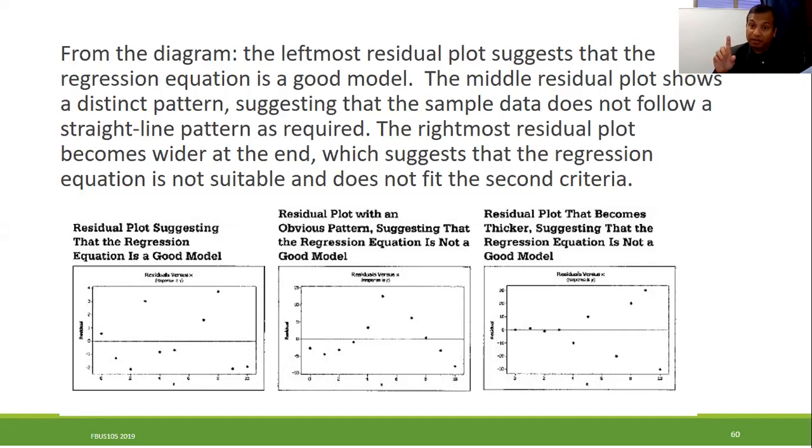In the third figure, the residual plot becomes thicker, suggesting that it is not a good model. Initially we saw that some of the residuals are on the horizontal line itself, 1, 2, 3, 4 points. 4 residuals are on the horizontal line, but the remaining should again be equally scattered. But over here, it is again some sort of pattern.